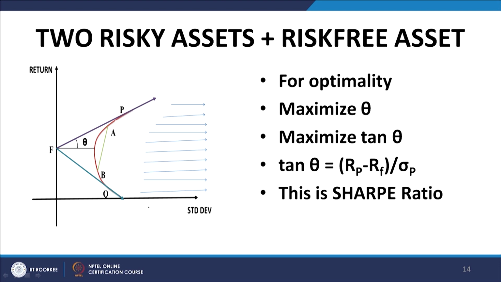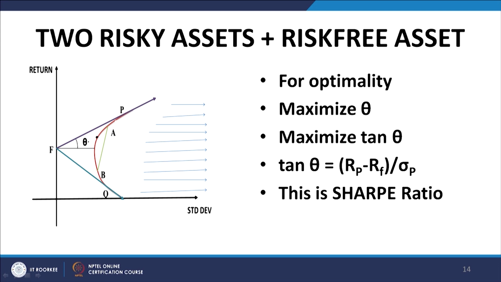The second thing is, all these points that lie along this hyperbola represent linear combinations of A and B. Let us say you take this particular point, then it represents a linear combination of A and B, some portion of A, some portion of B. So, this is as far as the two risky assets are concerned.